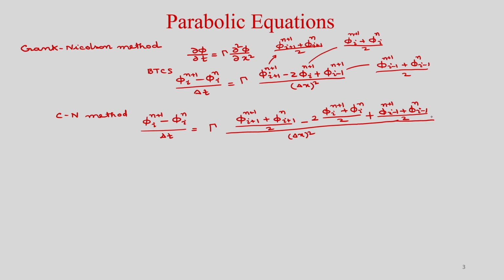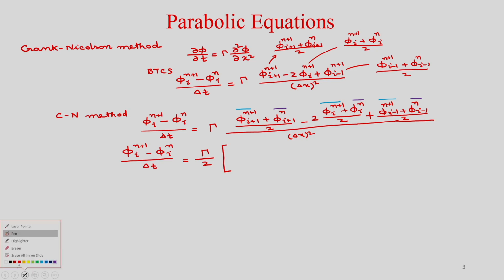So, now you rearrange it. If you rearrange it in this manner, then you will get phi I n plus 1 minus phi I n divided by delta t is equal to, and you can see that everywhere 2 is there, so you can take it outside, gamma by 2. Okay. And you take all n plus 1 terms together, and the n terms you write separately. Okay.